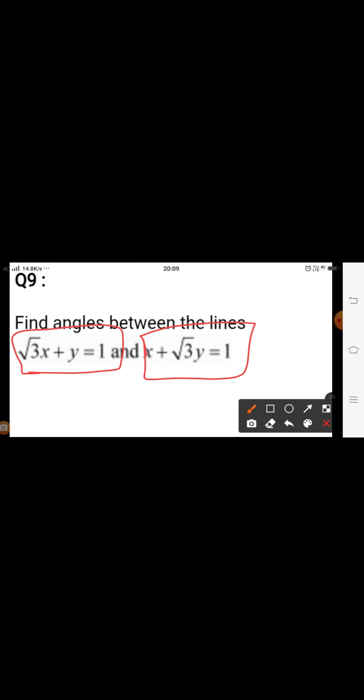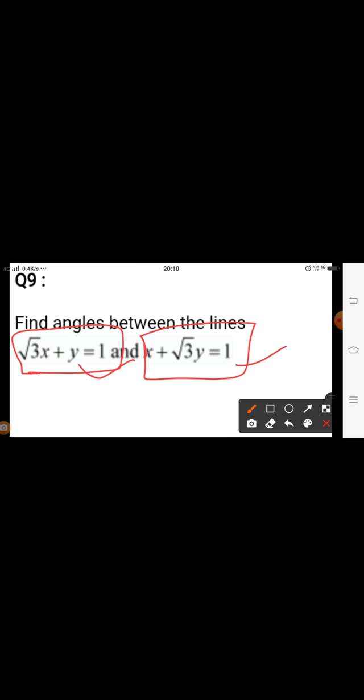Next question: we have to find the angle between the given two lines. The two equations are root 3x plus y equal to 1 and x plus root 3y equal to 1. For finding the angle we have the formula tan theta is equal to m2 minus m1 upon 1 plus m1 into m2. This means we need the slopes, and if the equation of a line is given, then as in the previous presentation we can tell the slope by using the concept minus a upon b.